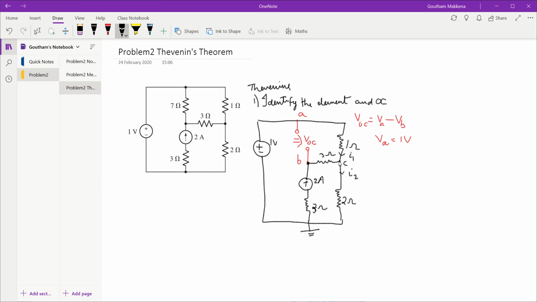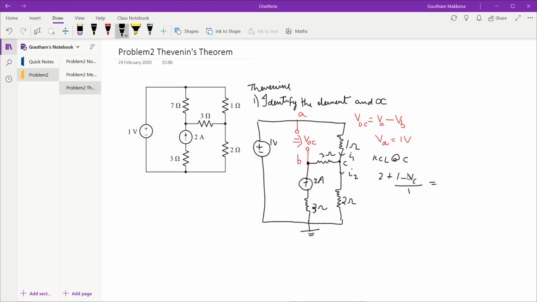If I write a KCL at node C, what do I have? What are the entering currents? Of course the entering current is 2 amps, and also the current through this 1 ohm resistor, which happens to be VA minus VC by 1. Of course VA is 1 volt, so 1 minus VC by 1.